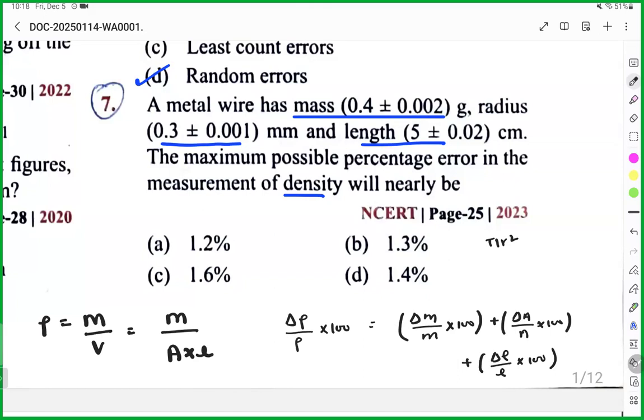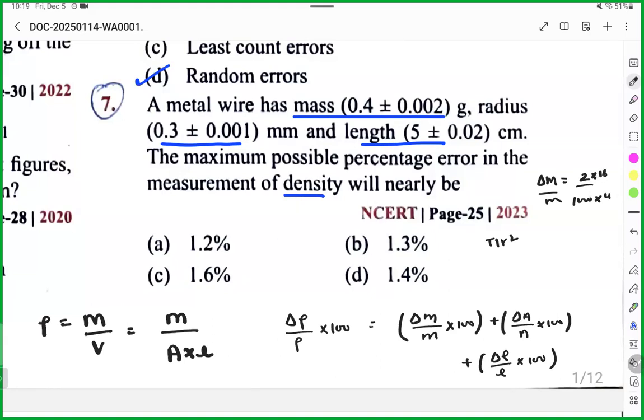How to calculate delta M by M? Delta M is 0.002, that is 2 by 1000, divided by the real mass. Mass is 0.4 gram, which means 4 by 10.